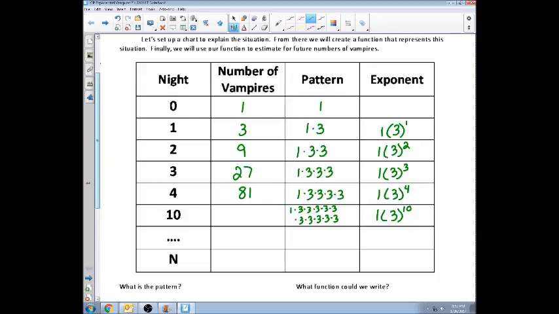If you type in 1 times 3 to the 10th power exactly the way it looks, you'll end up with 59,049 vampires. Okay? So again, after only 10 nights, if everyone bites 2 every night, one vampire can turn into 59,049 vampires.